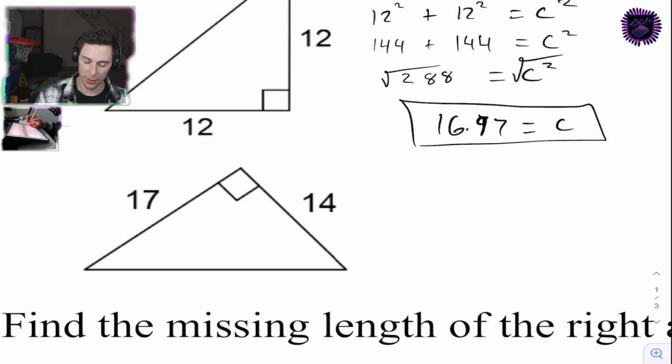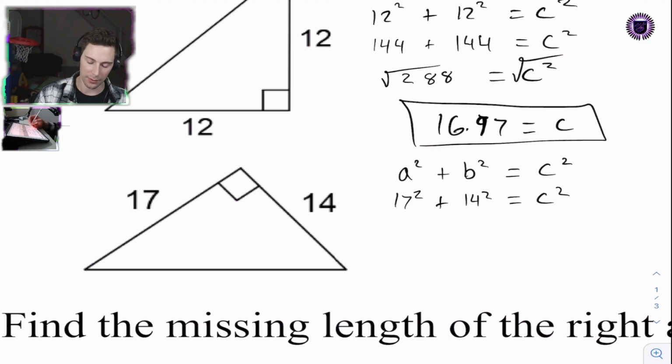All right, so a squared plus b squared is equal to c squared. A squared is 17 squared plus 14 squared is equal to c squared. Now 17 squared, I don't know, 14 squared, 196.